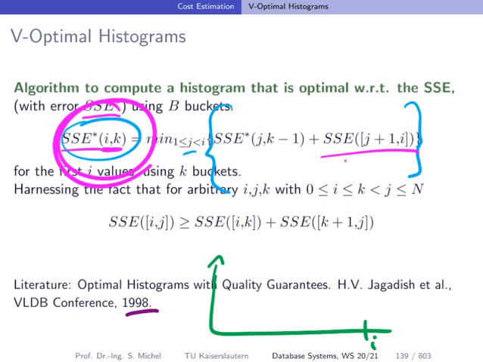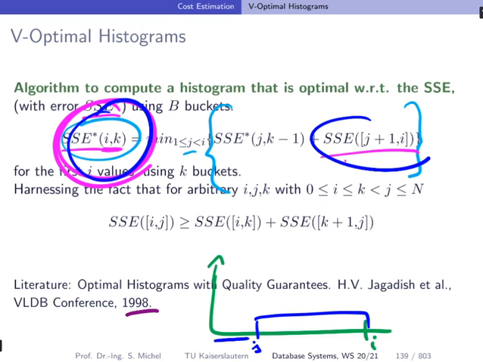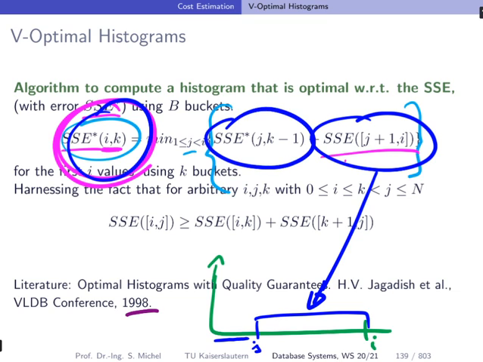And this we find out by trying out all possible J's, for instance here, and then the SSE star I, K would be the SSE using the first J values only, and K minus 1 buckets, plus one more bucket. More precisely, it's the sum squared error of this additional last bucket.